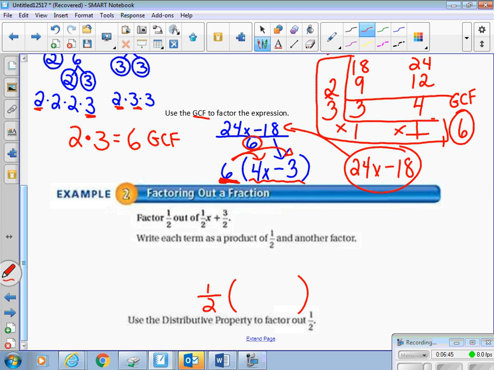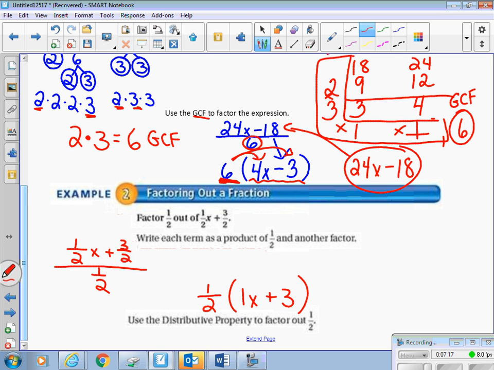Draw my parentheses. My second factor is going to come from me dividing the expression. I'm going to write it over here. 1/2 x plus 3 over 2 has to be divided by 1/2. 1/2 x divided by 1/2, anything divided by itself is 1, so we're left with 1x, or if you just want to write x, that's fine as well. 3 over 2 divided by 1/2 leaves me with a positive 3.